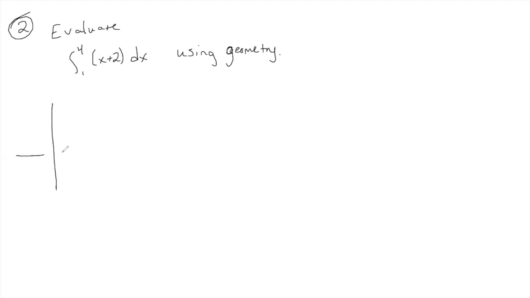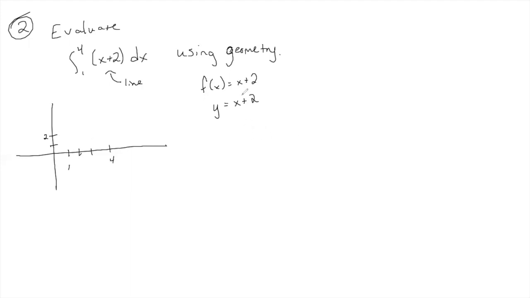This should be easy enough. X plus 2 is a line. If I write f of x equals x plus 2, or even more clearly, y equals x plus 2, this is a line with slope 1 and y-intercept 2. So I'll just mark off 2 right here. And the interval of interest is 1 to 4. So here's 4, here's 1.